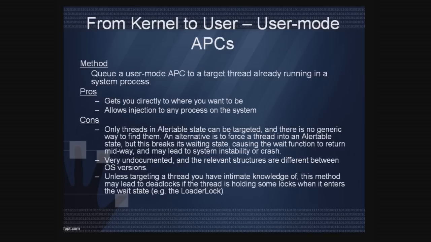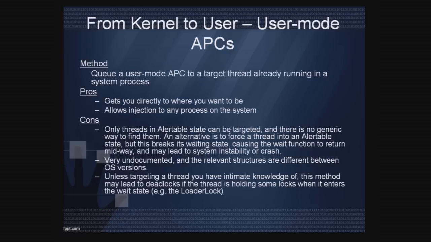Another method that is kind of gaining popularity now is user mode APCs. APCs, asynchronous procedure calls, are a way for the system, they call it alert user thread. So basically, a user thread can say, I'm going to sleep, but if something really important happens, wake me up. To do that, you have to call one of the wait functions, so Sleep, WaitForSingleObject, this function, the Ex alternative, and you specify a flag called alertable.